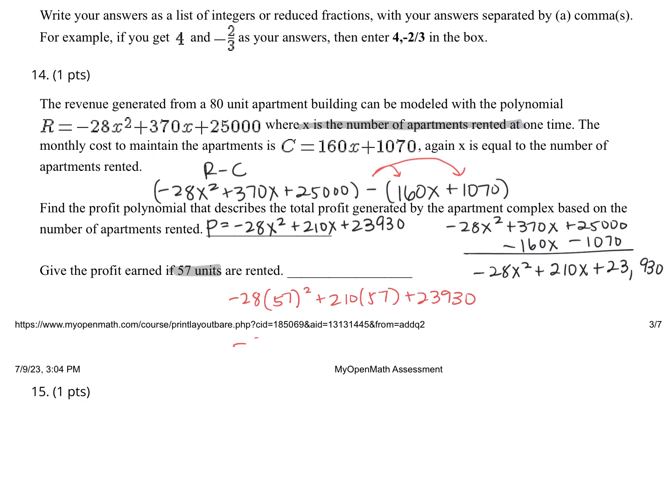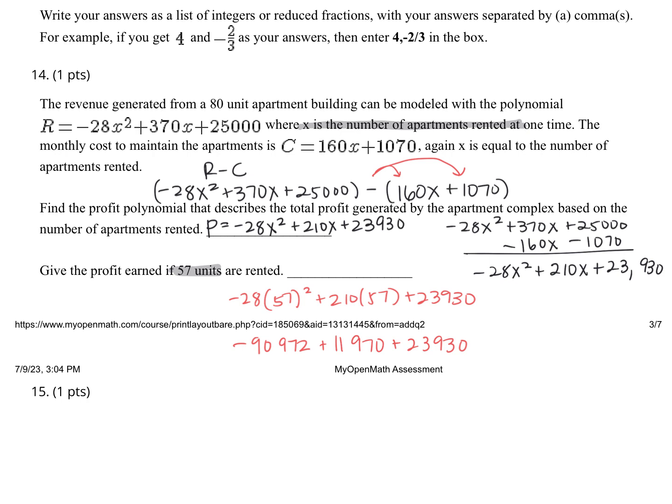Okay, so I'm getting negative 90,972 plus 11,970 plus 23,930.